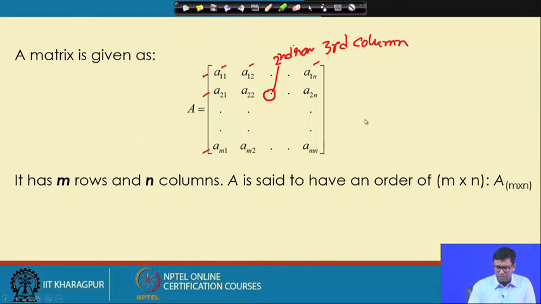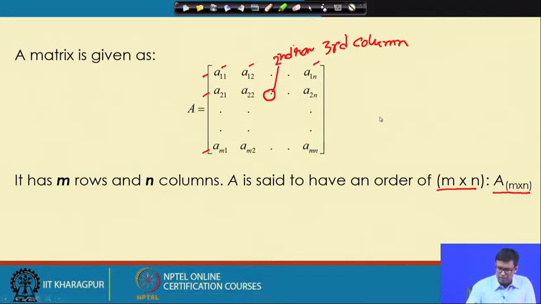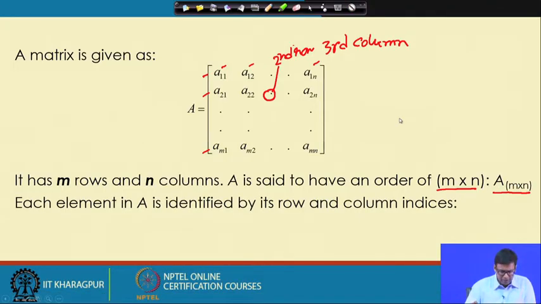We can see this matrix has m rows and n columns, and the matrix A is said to have an order m into n, usually written, when we need to show its order, as A with subscript m into n. Each element in A is identified by its row and column index.